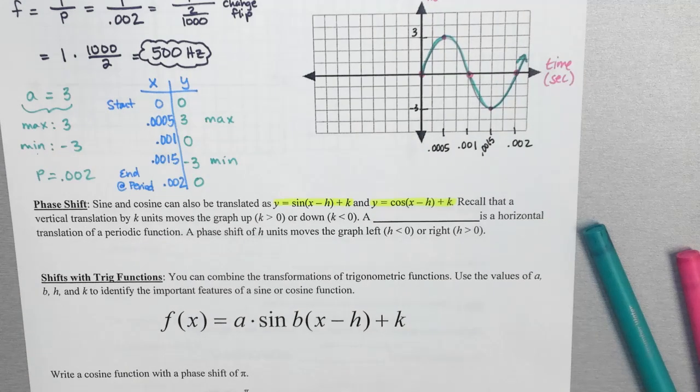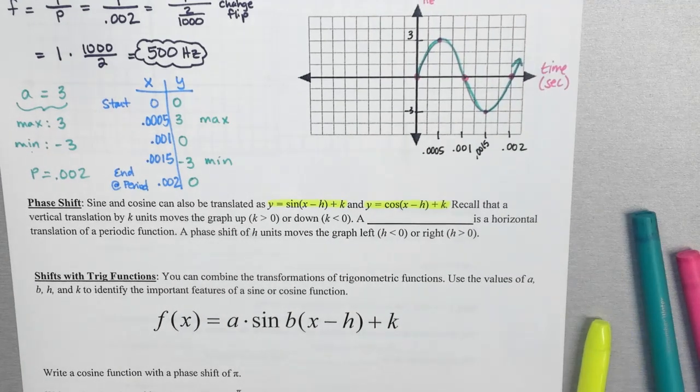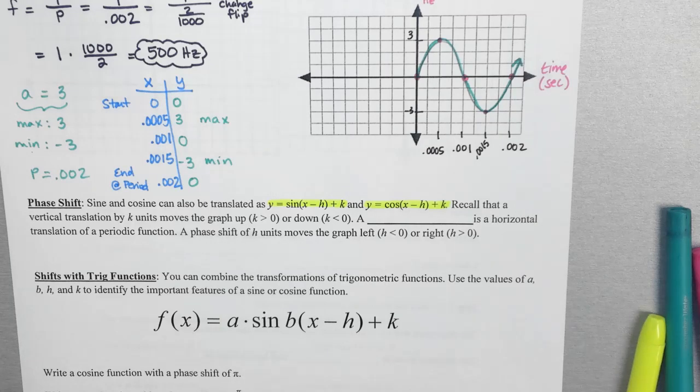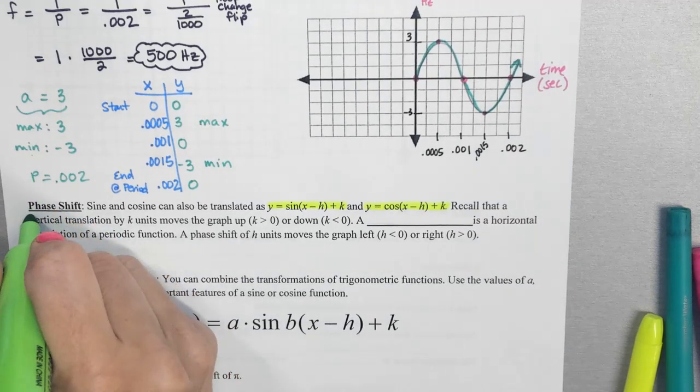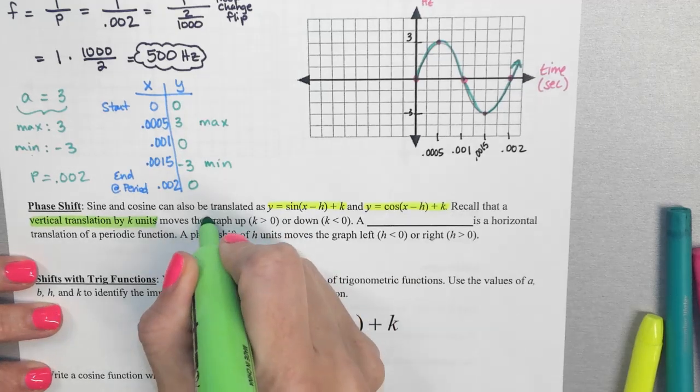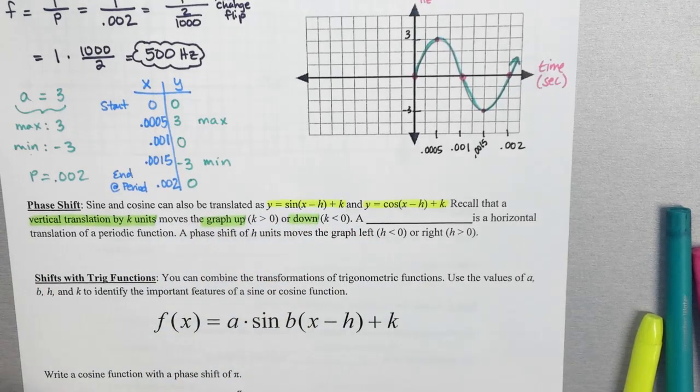y equals the sine of x minus h plus k, and y equals the cosine of x minus h plus k. So you might remember that if you have a vertical translation by k units, that's going to move the graph up or down.